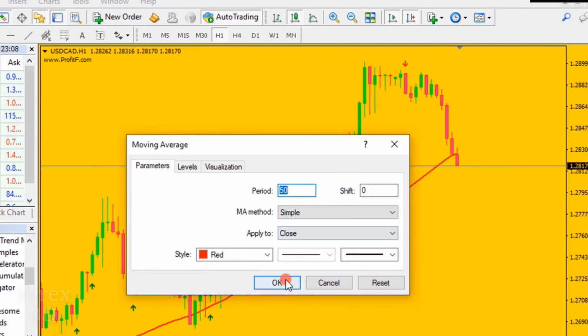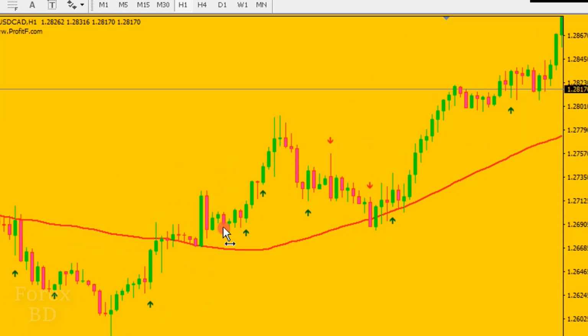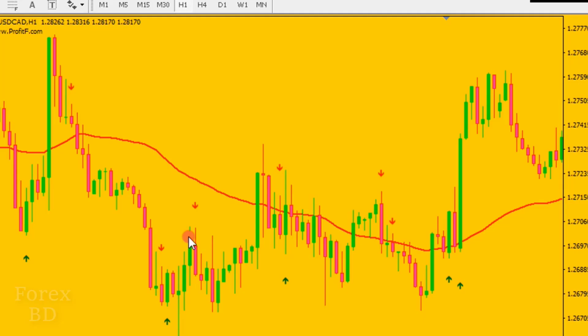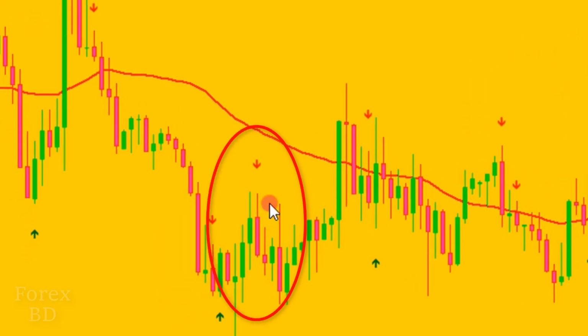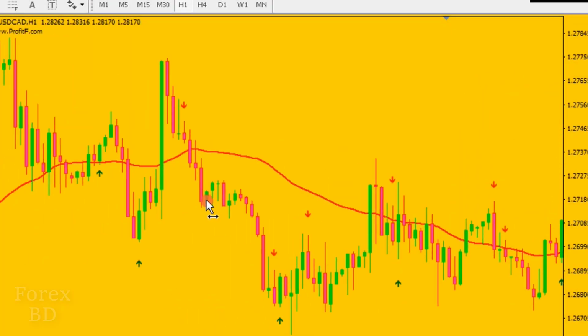So the entry taking system is when you find a pattern in the market, you will notice the moving average. This means that if you see a bearish engulfing pattern in the market, you will see that the market is below the moving average. If it is below, then take a sell entry. Mainly here are two things to follow.